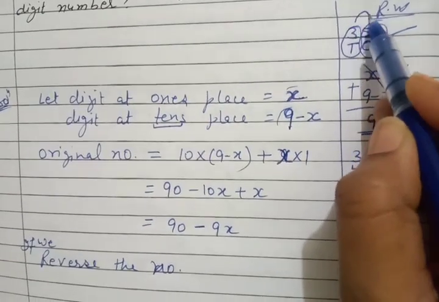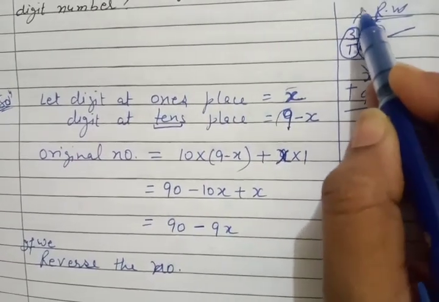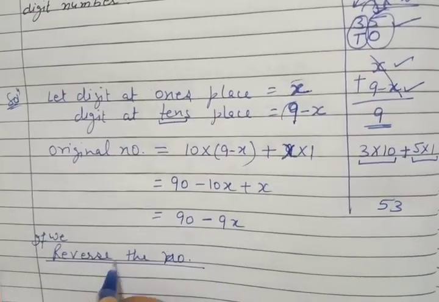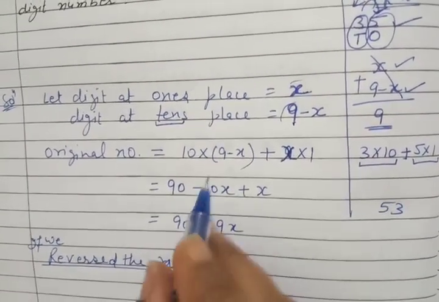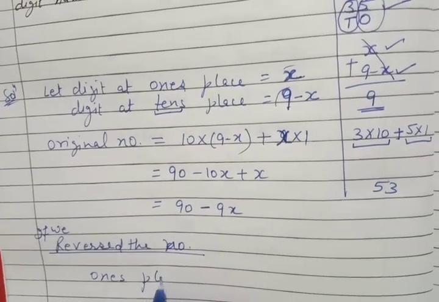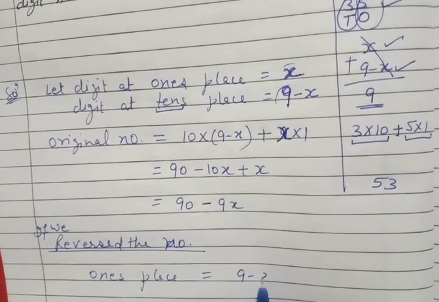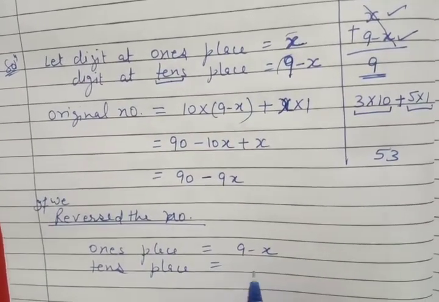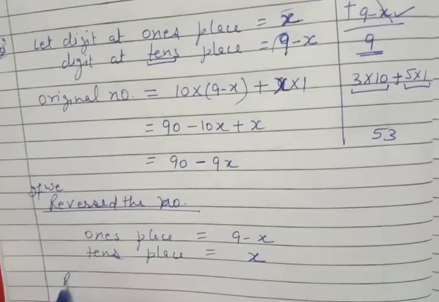Reversed means this will become ones place and this will become tens place. So we will write, if we reverse the number, ones place will become 9 minus x and tens place will become x.